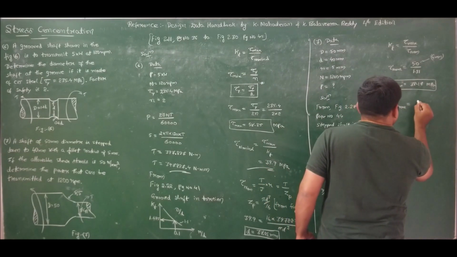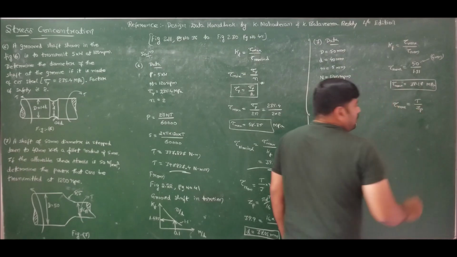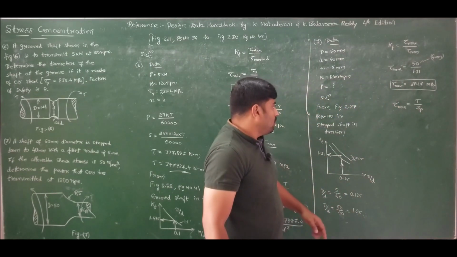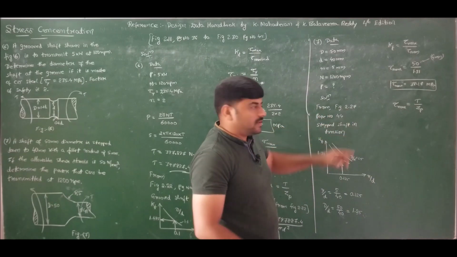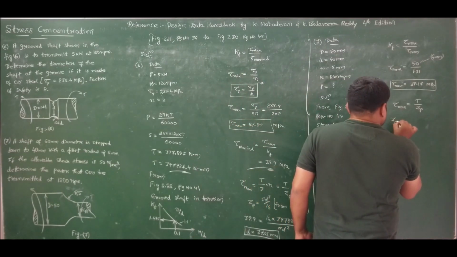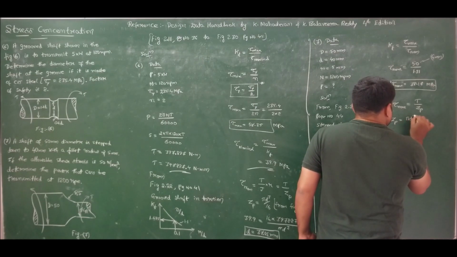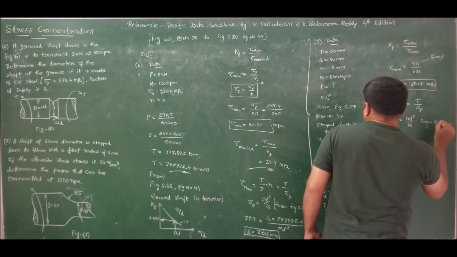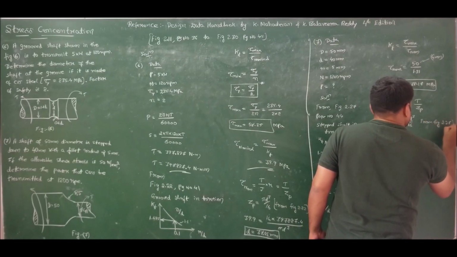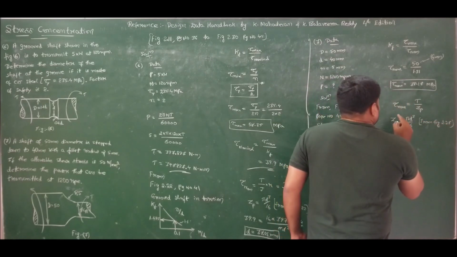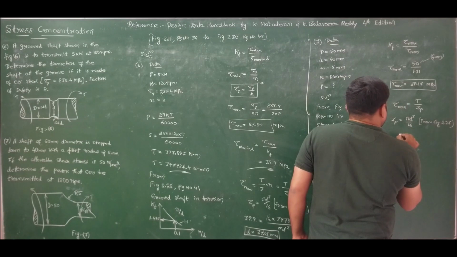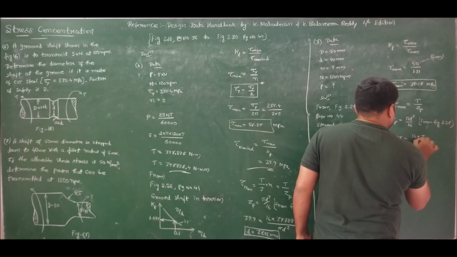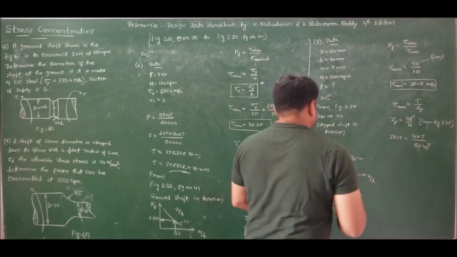Now we know that tau nominal is equal to T by Zp, that is polar section modulus. Polar section modulus is specified in figure 2.27. So Zp is equal to pi d cube by 16. It is specified in the same figure where we took the stress concentration factor. So tau nominal is known, Zp is also known. I can find the torque: 38.17 is equal to 16 into torque divided by pi times 40 cube.